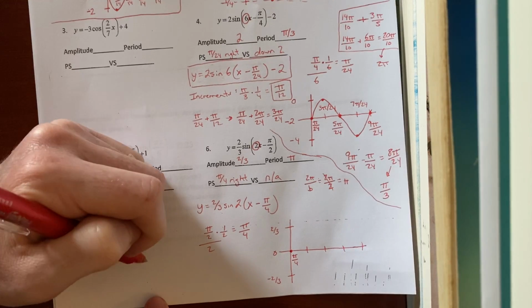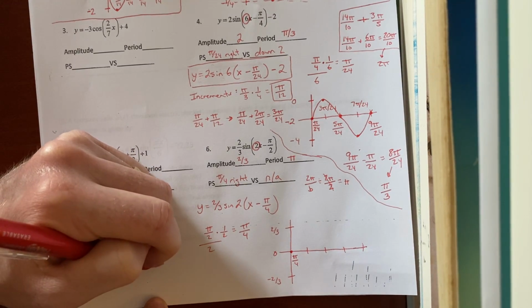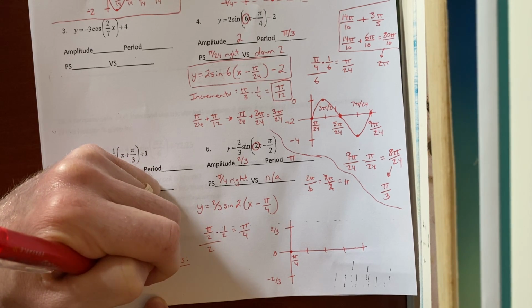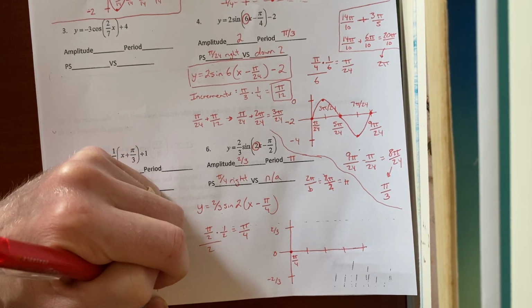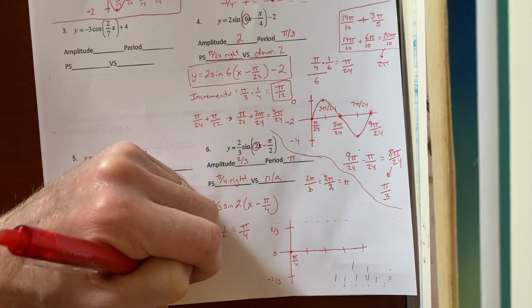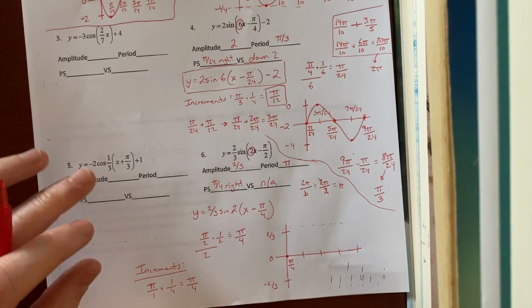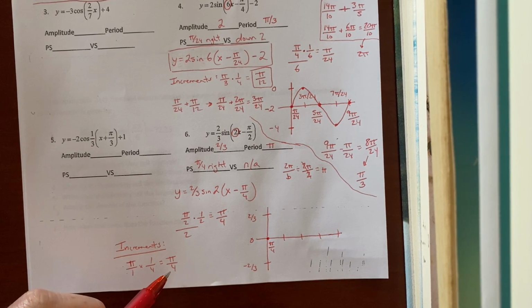Got to go through and find those increments, which is always the period, pi over 1 times 1/4, which is just pi over 4. So this one's way easier than the last one because I'm going up by pi over 4.